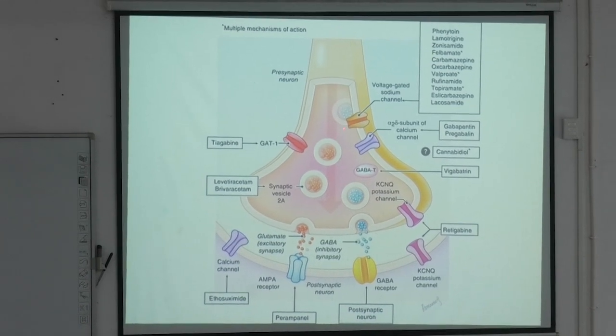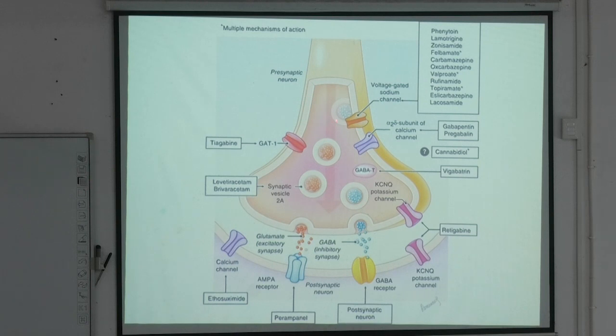So you see, the GABA or glutamate is being stored in these synaptic vesicles, and from there the GABA and glutamate are being released and they act on the specific receptors. If it is GABA, then it will act on the GABA receptor. If it is glutamate, then it will act on the glutaminergic receptor.